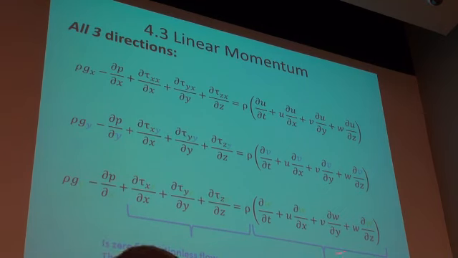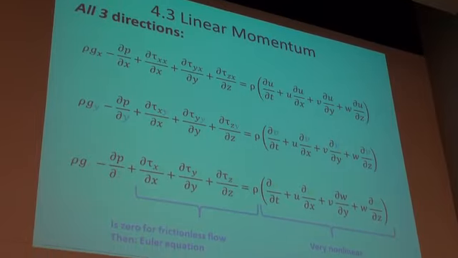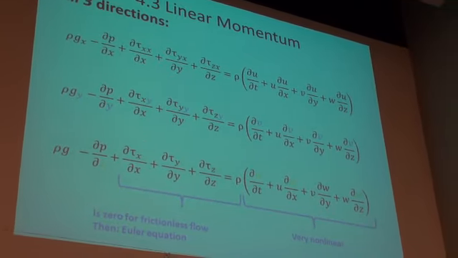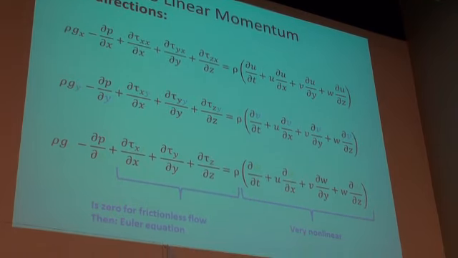This is the non-linear part. As I've mentioned, if we've got frictionless flow, then all that would be equal to 0, and then we've got the Euler equation. So that is the linear momentum equation in terms of how we get those terms into gradients.